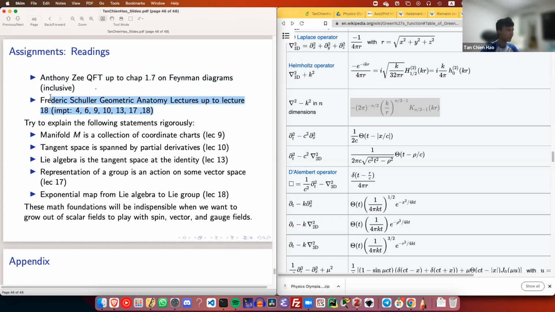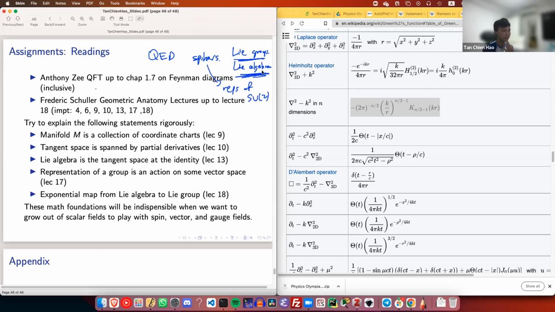Frederic Schuller's lectures on the Geometric Anatomy of Theoretical Physics are very good. The important ones are here, I've highlighted. If we're going to push towards QED, we need to understand spinors, and spinors are best understood when we understand Lie groups, because spinors are representations of the SU(2) Lie algebra or Lie group.